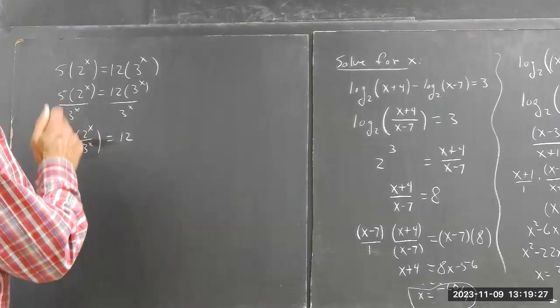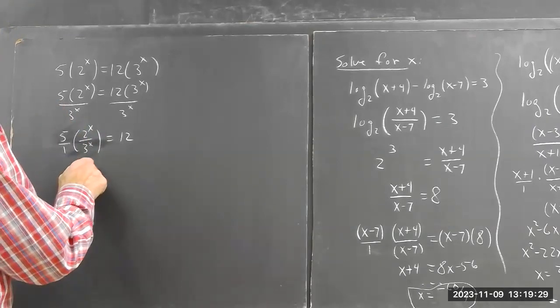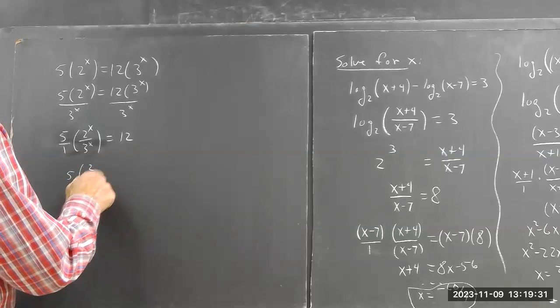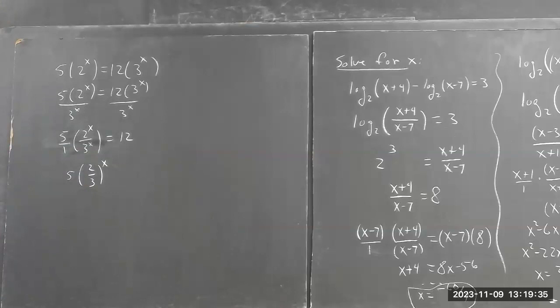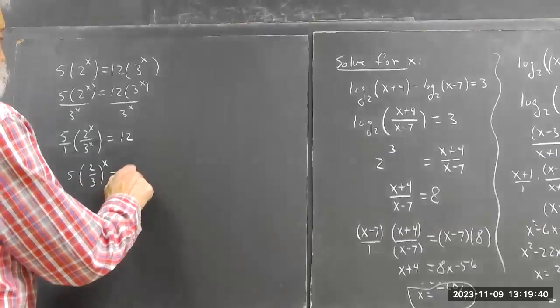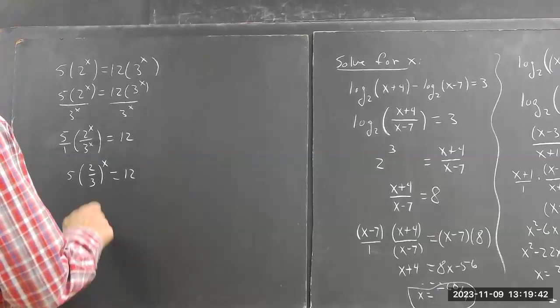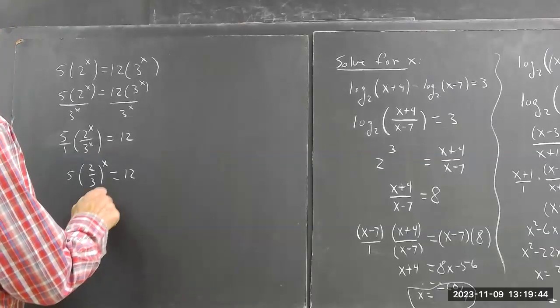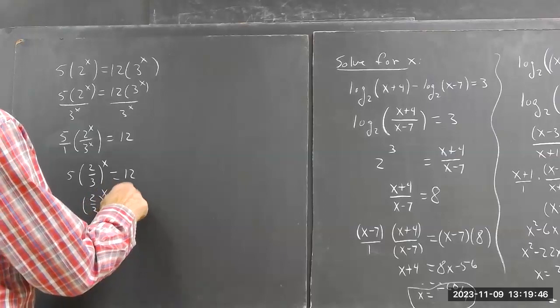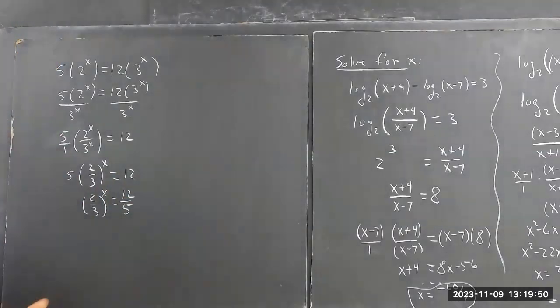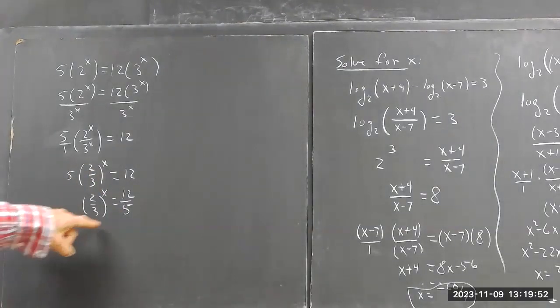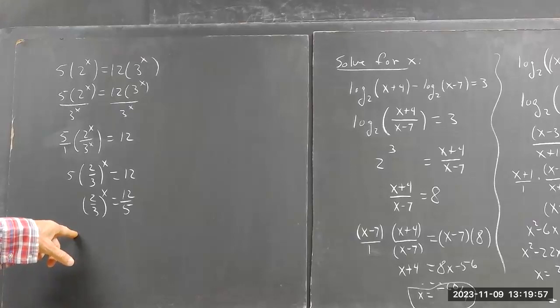And then I can divide both sides. So again, I'll do it like this. 2 to the x over 3 to the x is 2/3 to the x. Okay. So now I just do, I didn't write out the step, but I divide both sides by 5, and you should write out the step. Okay. And now I can solve it.